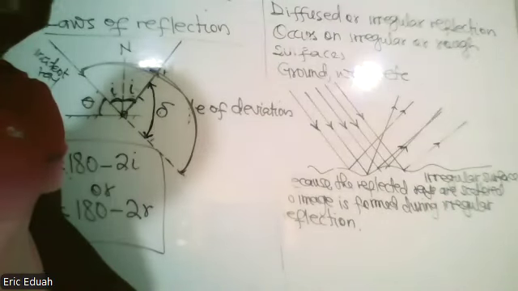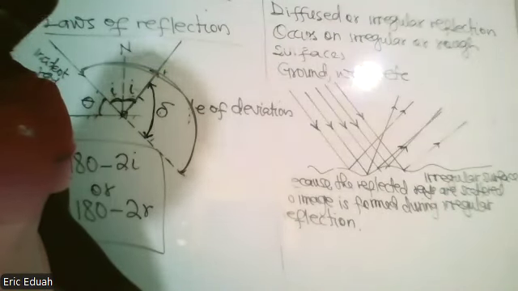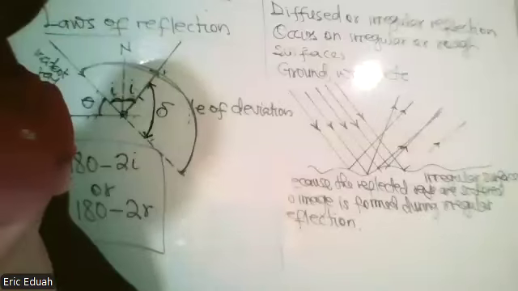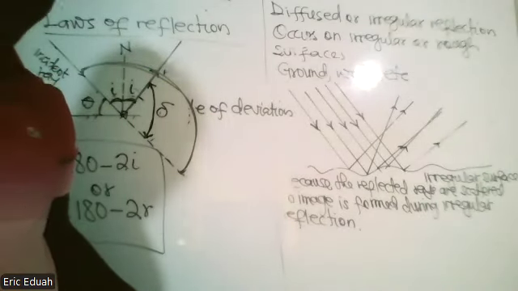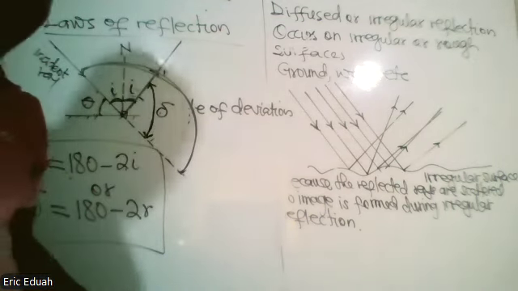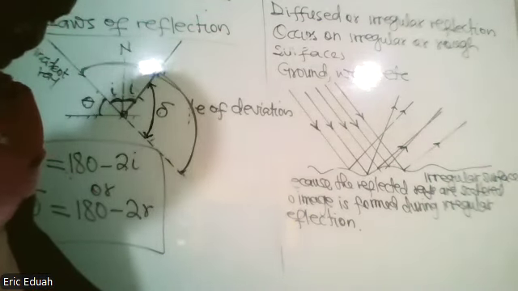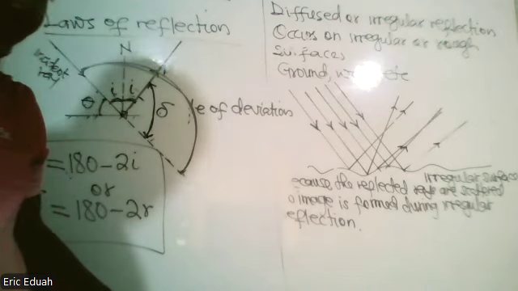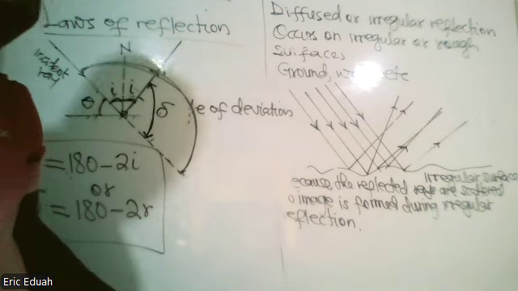Then calculate the angle of deviation. A ray of light strikes a plane mirror at an angle of incidence equal to 35 degrees.